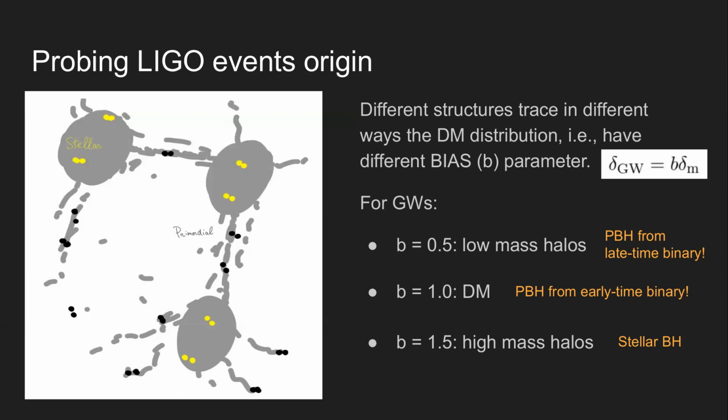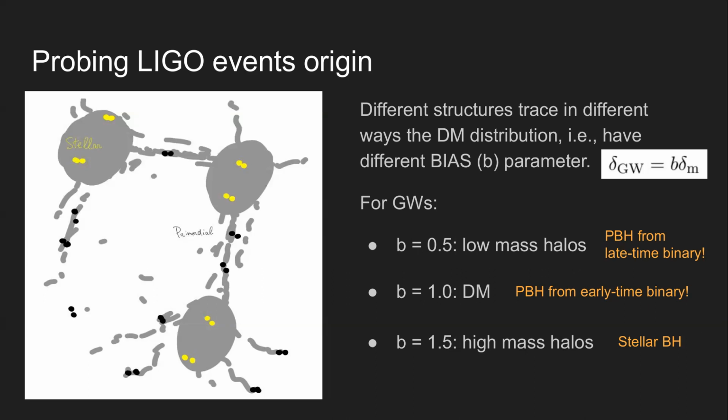On the other hand, if these binaries are formed in the early universe, you expect them to trace the dark matter, in the sense that you expect them to be equally distributed everywhere, to end up in every kind of virialized structure.